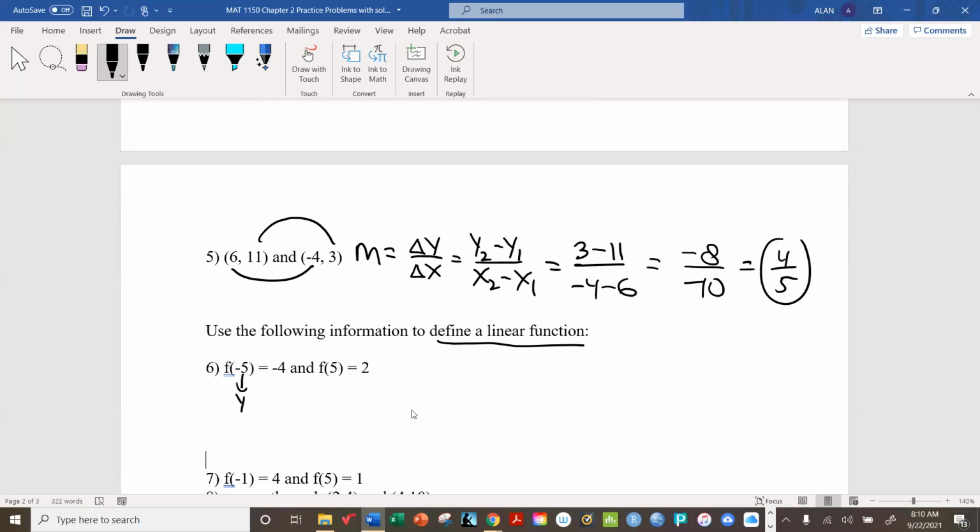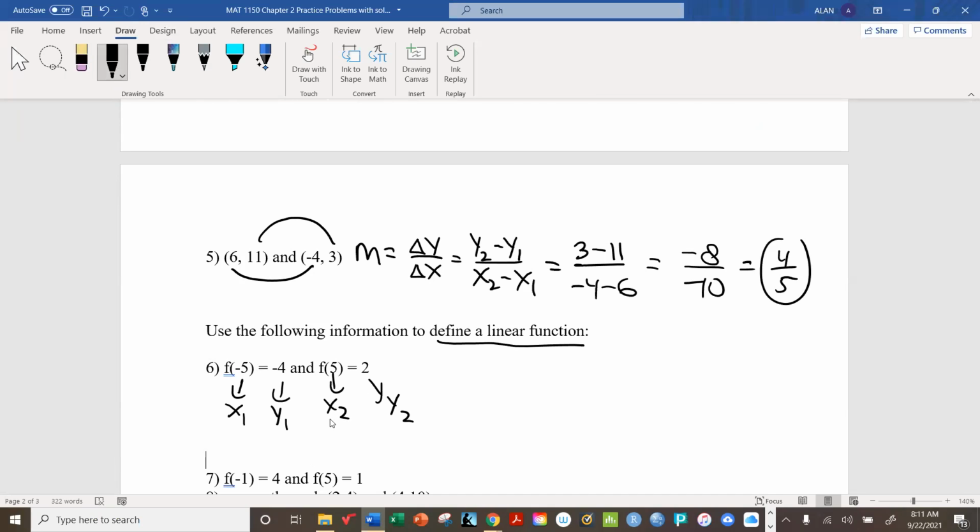Oh, sorry, this is x, and this is y. I wrote it backwards. This is x1, and this is y1. So sorry, 2.